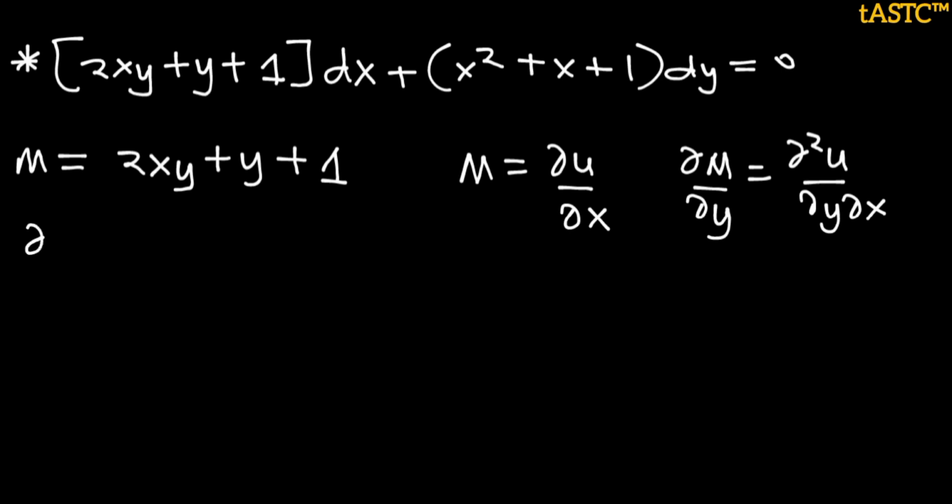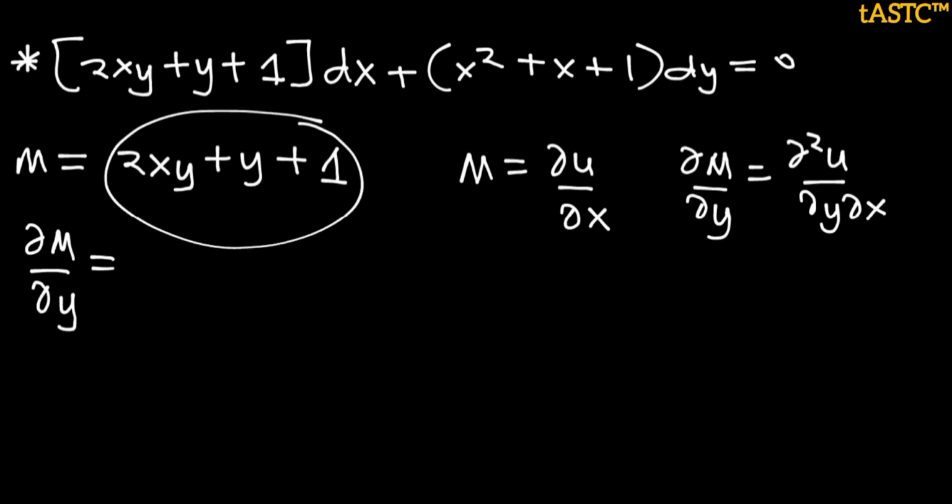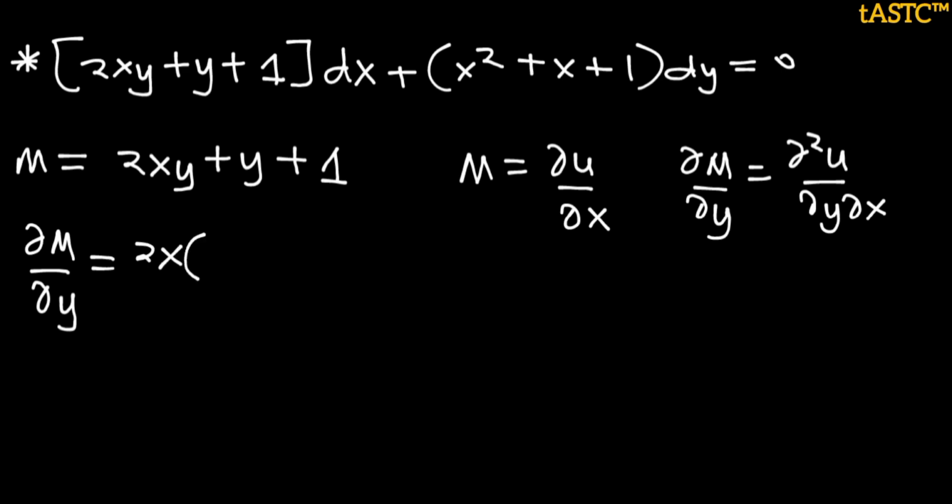So this is going to be dm dy. That means I need to differentiate this with respect to y. Now in this case, as you can see, we have a 2x as the coefficient of y. So we're going to treat 2x as the constant, which stands as a coefficient. So that is still going to be there.